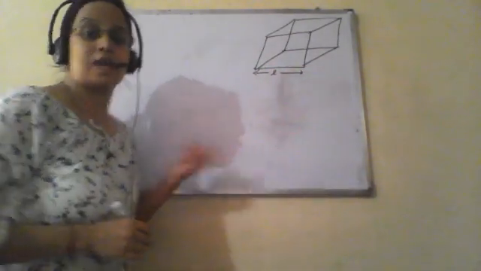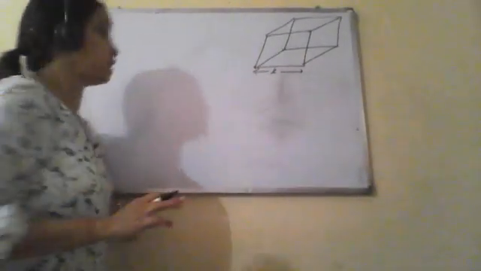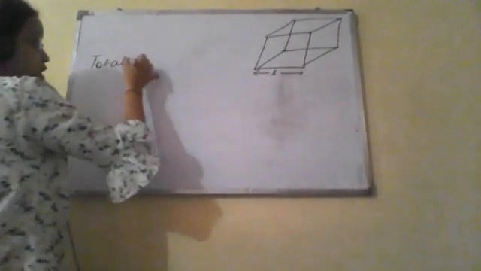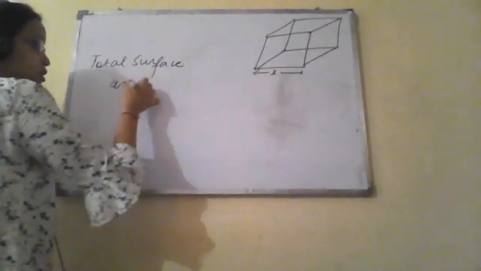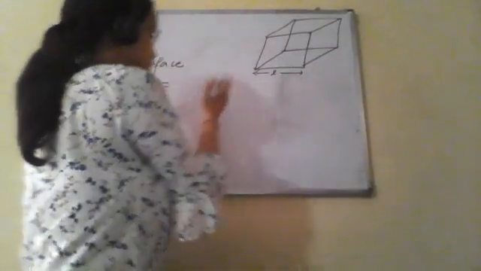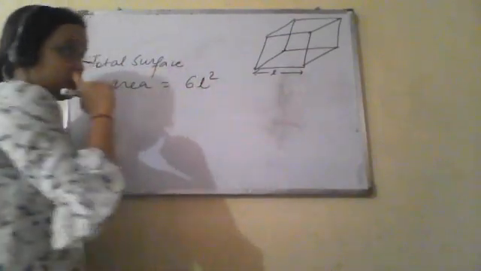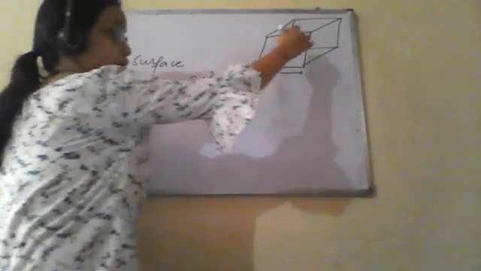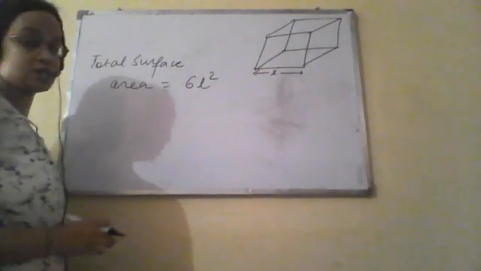It can be given that the side of a cube is this much, so that L or 8, you can take any variable. The total surface area will be, because there are six faces and each face has equal area, six surfaces and the area of one surface is L square, because the area of a square is L square or side square. So this is the total surface area.